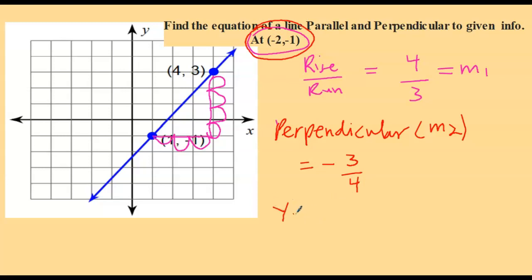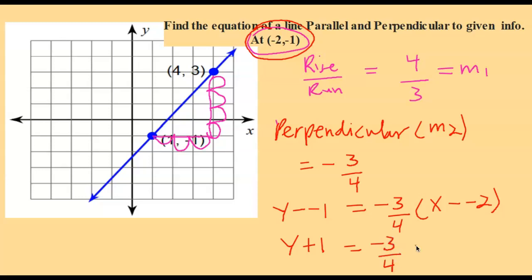It's going to be y minus 1 equals this slope, which is negative 3 over 4, and then x minus 2, which becomes y plus 1 equals negative 3 over 4, and then x plus 2.